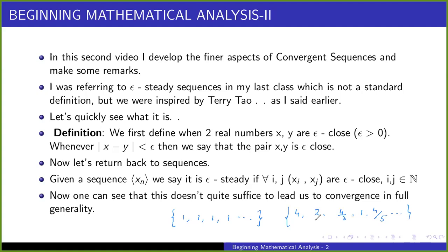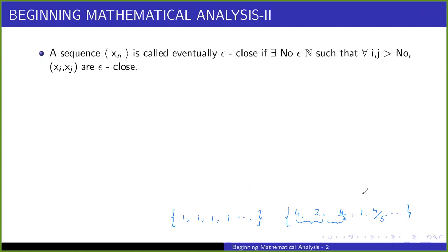Now you see, initially you can't get the epsilon closeness. The difference here is 2. The difference here is about 0.3 or something. So you see that this definition doesn't quite suffice.